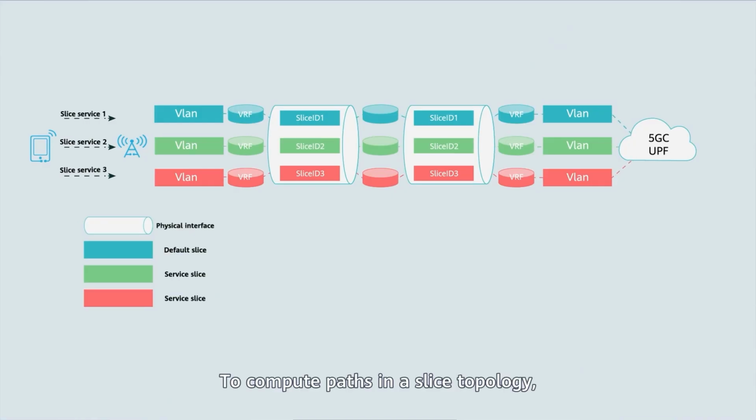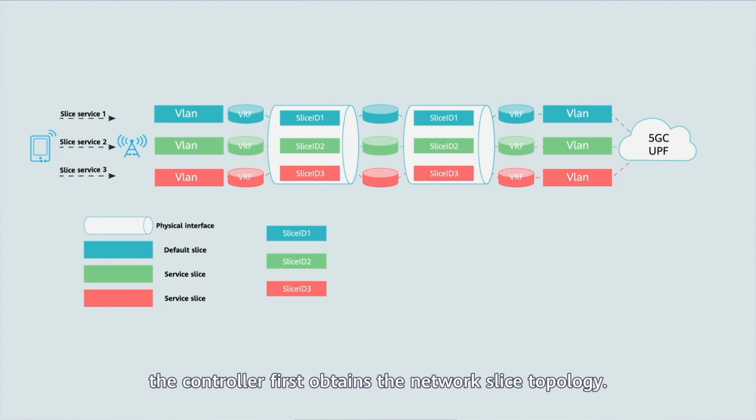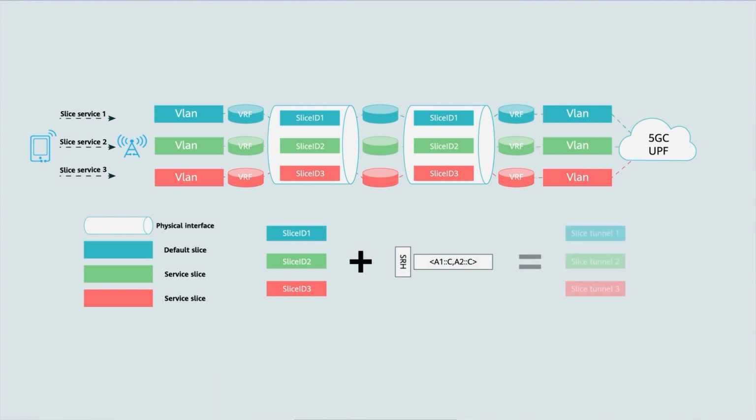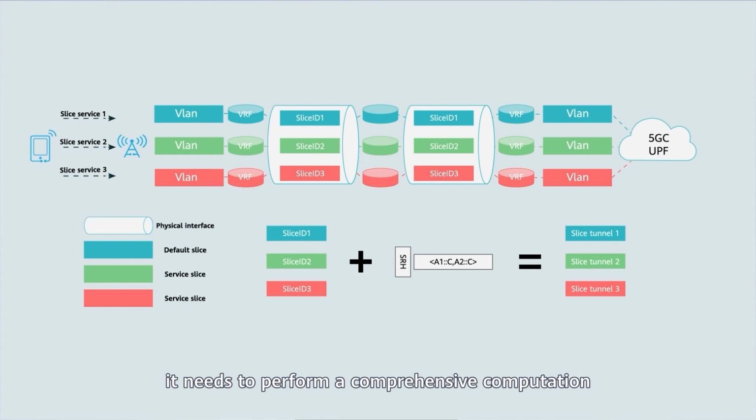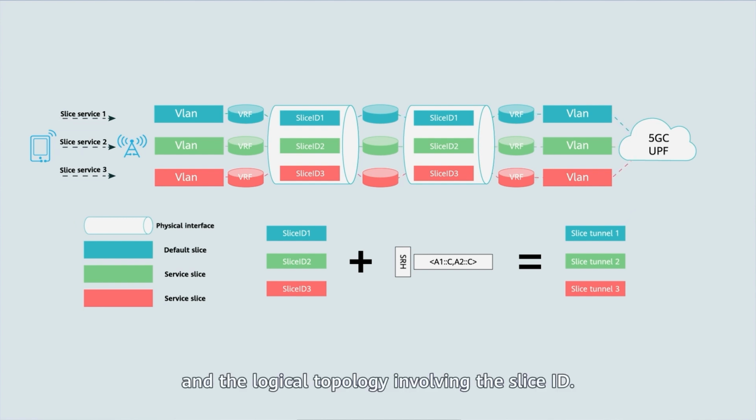To compute paths in a slice topology, a controller first obtains the network slice topology. For this, it needs to perform a comprehensive computation on both the physical topology involving the main interface and the logical topology involving the Slice ID.